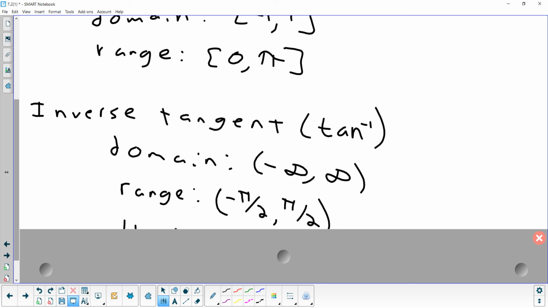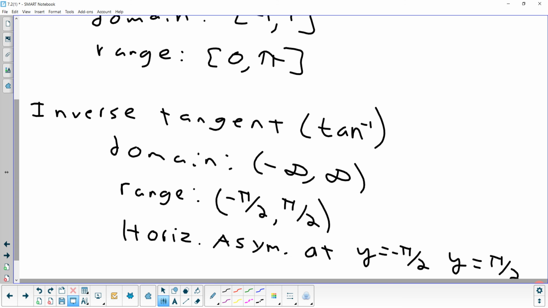Now, just remind me again, what kind of asymptotes did we have in regular tangent? Yep, vertical. So what kind of asymptotes do you think we're going to have in inverse tangent? Sarah? Exactly.